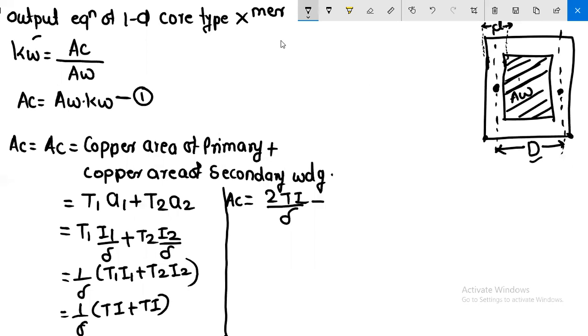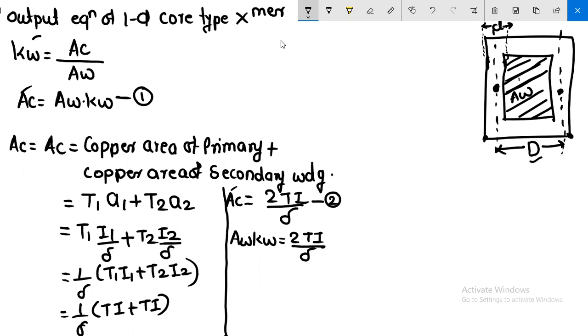Now I am giving it as equation number second. Now see, in equation number second and equation number first, what is common? The left hand side is common, that is nothing but the copper area. So can we equate the right hand side? See carefully, AW KW is equal to twice Ti divided by delta.